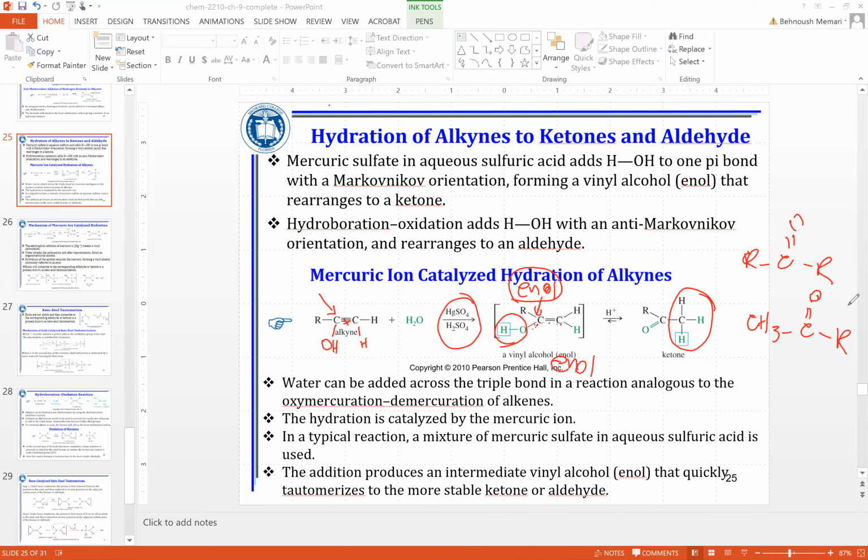So this is a methyl ketone. For a terminal alkyne, when you add water with the Markovnikov reagent, mercury 2 sulfate, the addition is going to be Markovnikov, meaning OH adds to the second carbon. So your enol is going to rearrange to ketone, or methyl ketone.